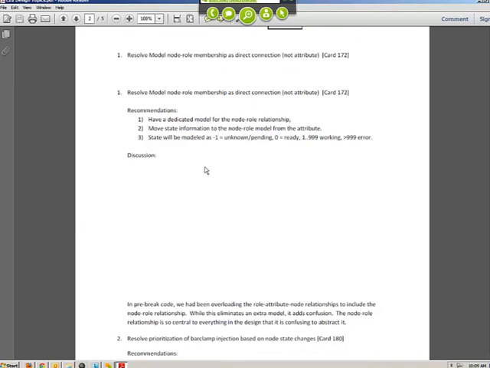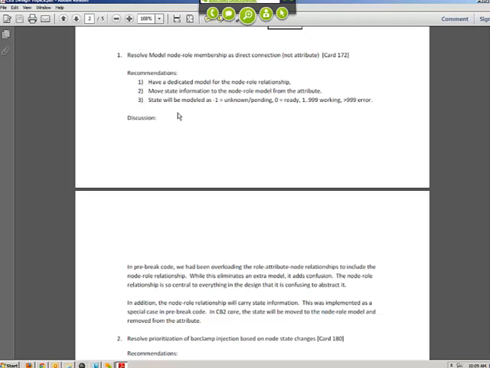This is one of the things that Victor and I had not agreed about for a while. I had chosen to do an overloaded implementation where I used the attributes to reflect the node role membership. Victor convinced me that this did not add to clarity. It was clever, and therefore that didn't.